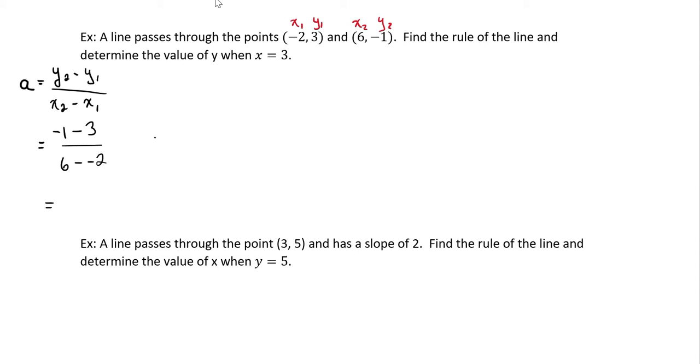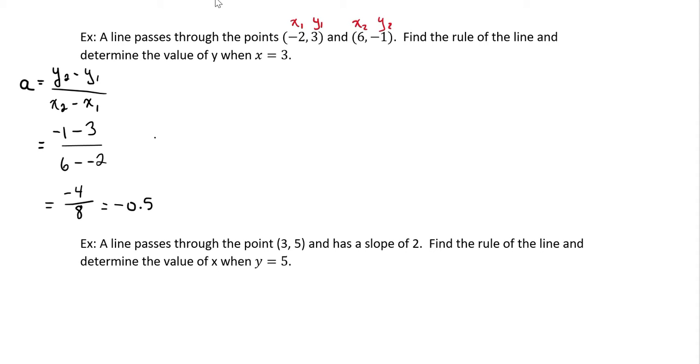This is going to give us -1 minus 3 is -4, and 6 minus -2 is going to be 8. And if you want to turn it into a decimal, you definitely can, it's the same thing as -0.5. So we know A is -0.5.